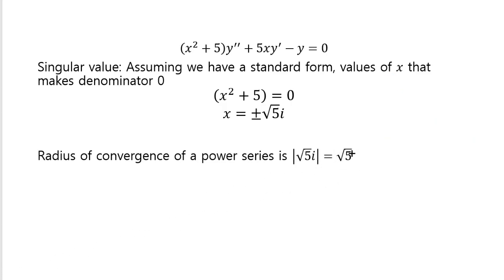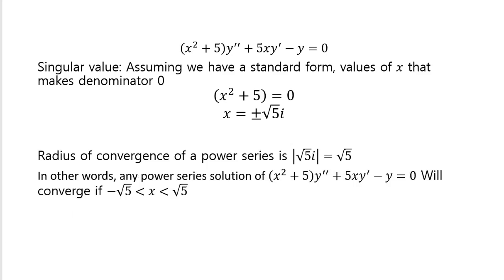What that means is that any power series solution to this will converge if x is between square root of 5 and negative square root of 5, because that's the radius. What I'm not showing you here is the case when you have a power series solution centered at numbers other than 0. You can look at my YouTube channel and look for power series solution around x equals 1.